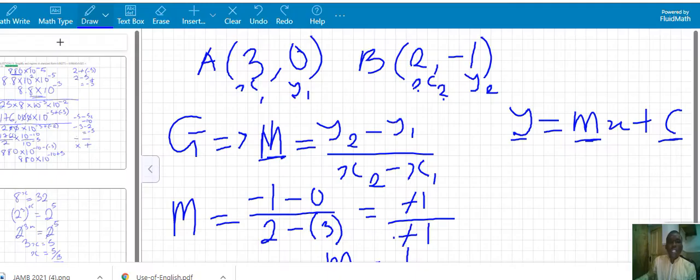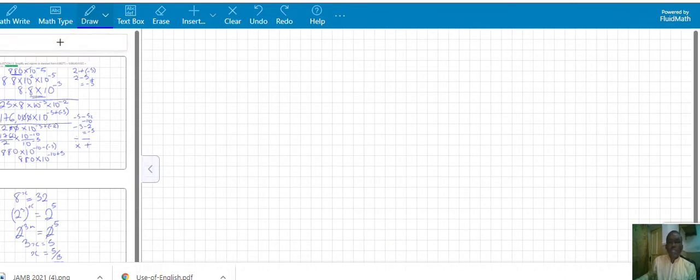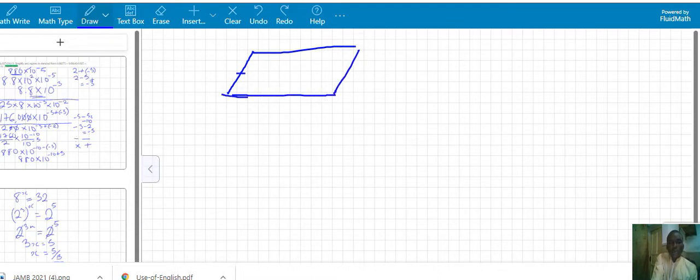Now let's look at how we can find the solution to that question. When we talk about a parallelogram, it is a shape that has two opposite sides equal. So if we have a parallelogram, we'll have something like this. This side is equal to this side, and this side is also equal to this side.